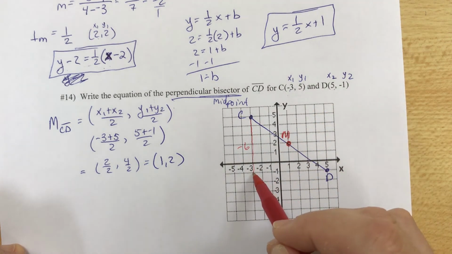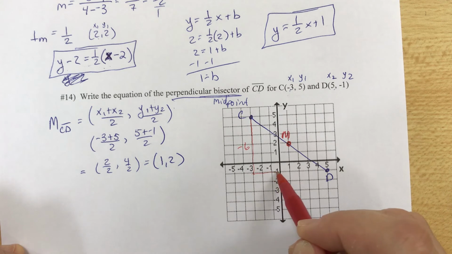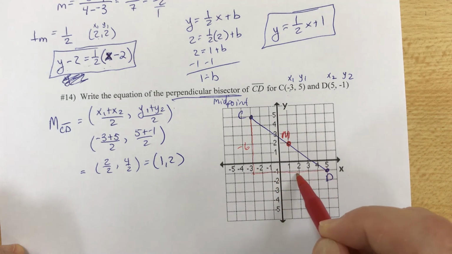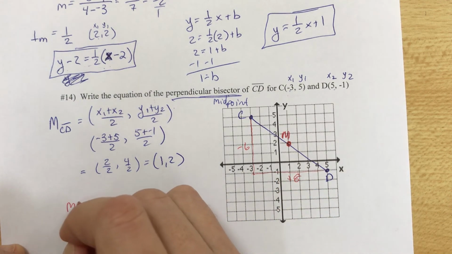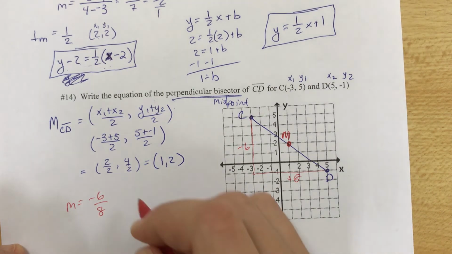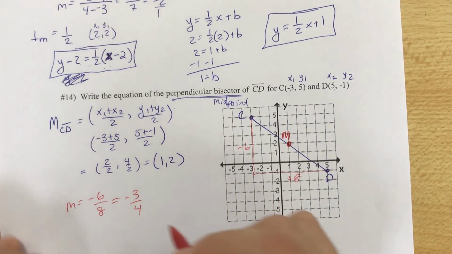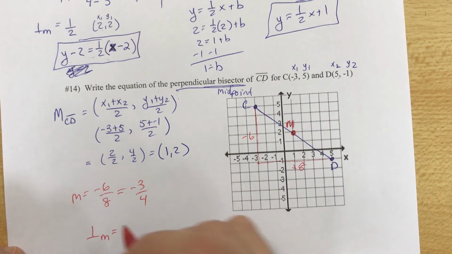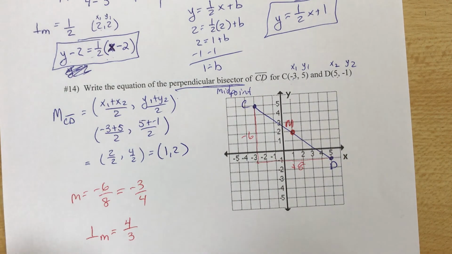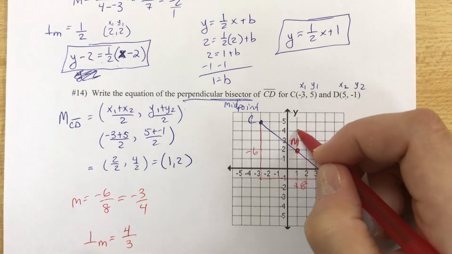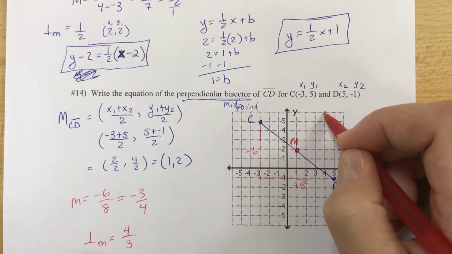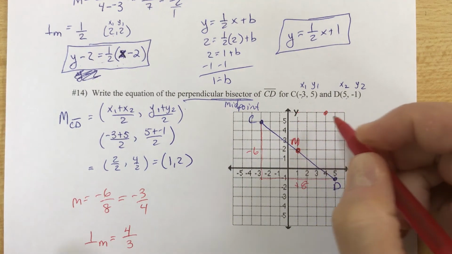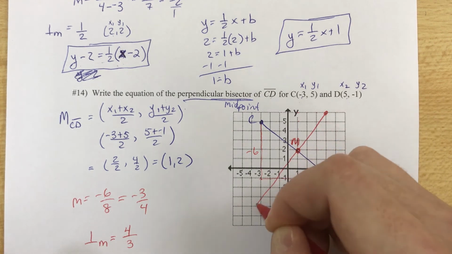And I'm going to run 1, 2, 3, 4, 5, 6, 7, 8. So the slope is -6 over 8, which reduces to -3/4. That means the perpendicular slope is the opposite reciprocal, which is 4 over 3. 1, 2, 3, 4, 1, 2, 3. From here, because we're going to go through that point, now I can draw it.